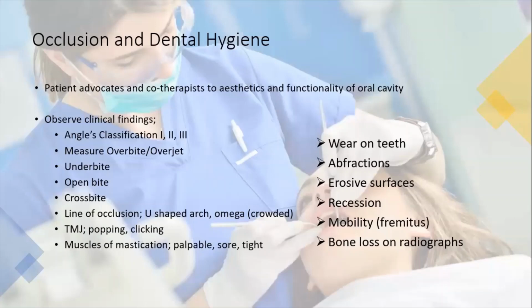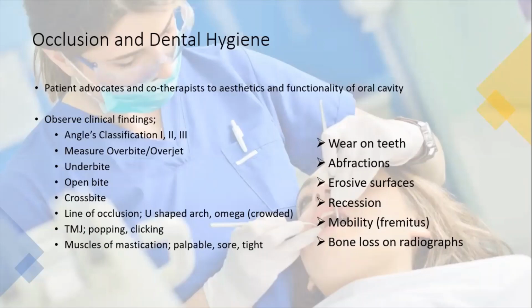And the way we're going to do that is we're going to identify what classification the patient is, if it's class 1, 2, or 3. Then we're going to measure the overbite and the overjet with our probe. We're going to take notice if there's an underbite, if there's an open bite, or a crossbite, and we're going to document those findings.